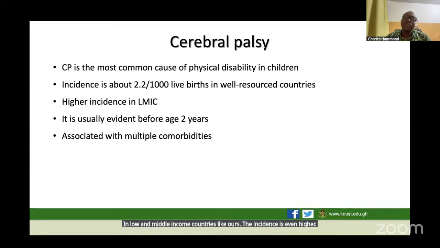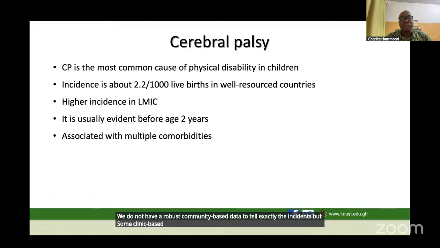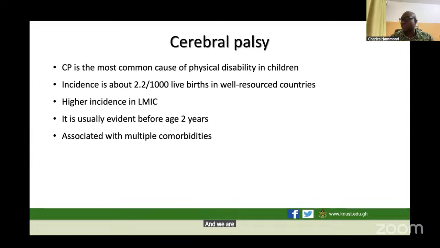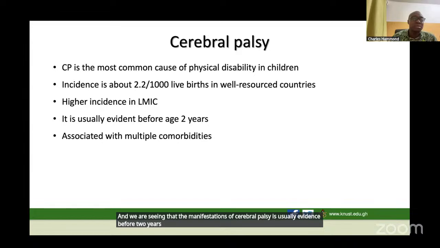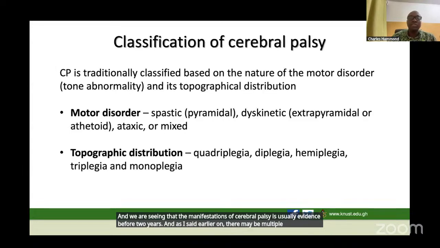We do not have robust community-based data to tell exactly the incidence, but some clinic-based data have put the incidence between 3 and 5 per 1,000 live births. And the manifestations of cerebral palsy are usually evident before 2 years. And as I said earlier on, there may be multiple comorbidities.